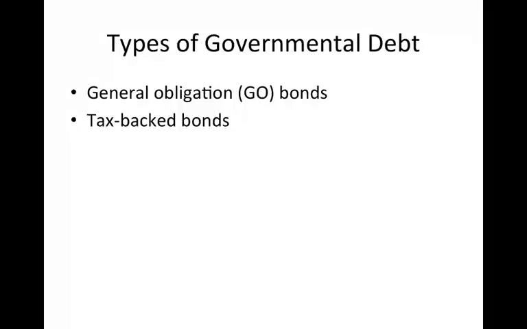Tax-backed bonds are similar to GO debt, except they are connected with a particular revenue source, in this case, a particular tax. They may be backed by an income tax or a sales tax, maybe a special property tax levy, but general obligation bonds are usually the ones that are associated with the repayment using the property tax, considering how predominant the property tax used to be as a revenue source for local governments, and general obligation being predominant as the type of debt that was issued.